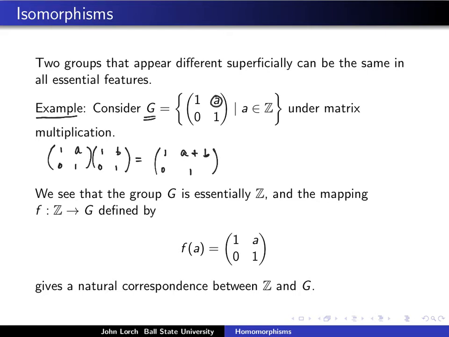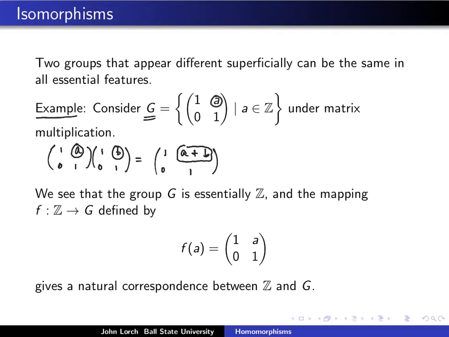And so what we see is that this group is really behaving like the group of integers. When we combine two elements in this group, essentially what we're doing is taking the upper right entries and adding them just like we would in the integers.